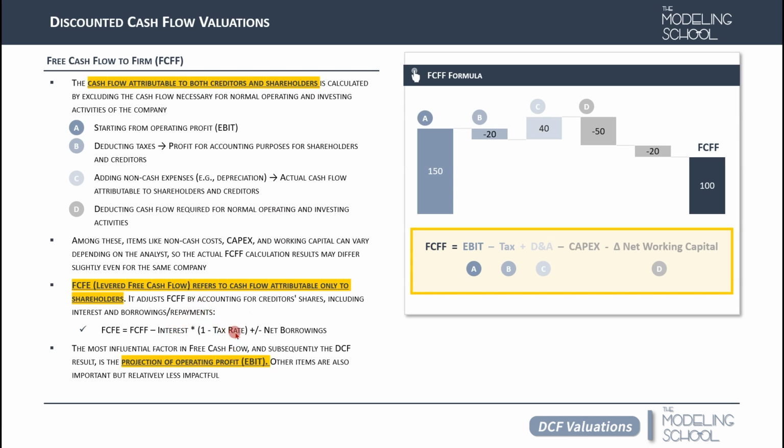What is additionally removed is, number one, the interest part, because now this part belongs to the bondholders or the creditors. And lastly, any net borrowings, it can be a plus or it can be a minus, but anyways, this part of cash flow belongs to the creditors.